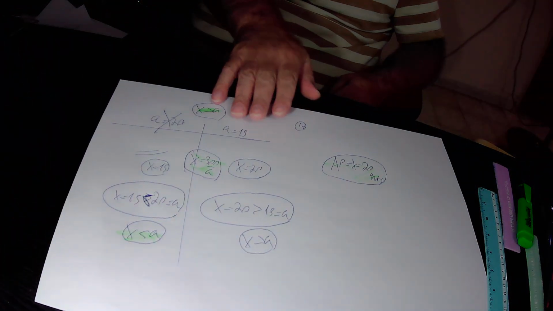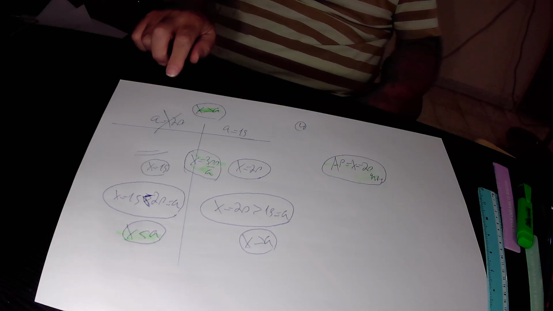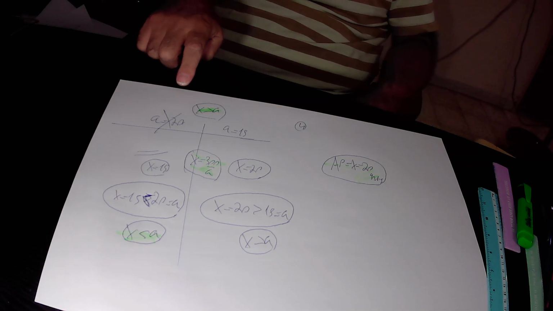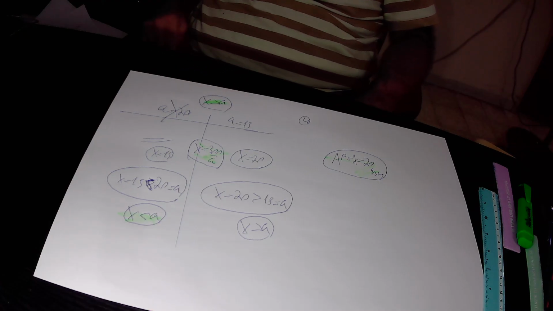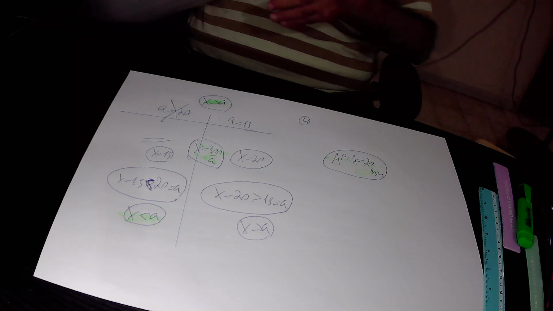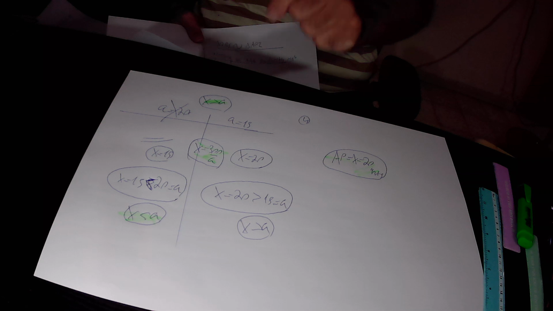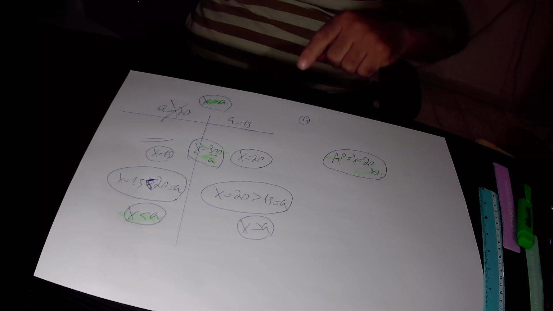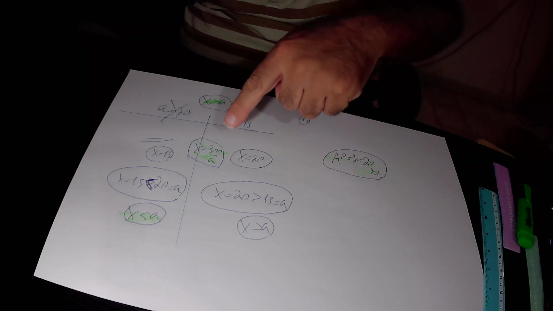So I know that X is greater than A, and we have two possible solutions for A. The first solution is that A equals 20, and the second solution is that A equals 15. We found out that X equals 300 over A. So if A equals 15, then X equals 300 over 15, that is 20.